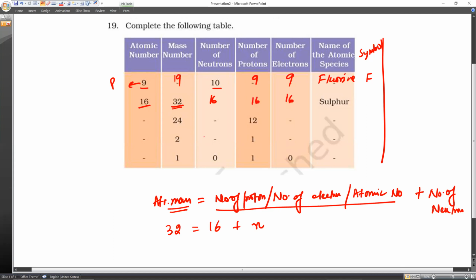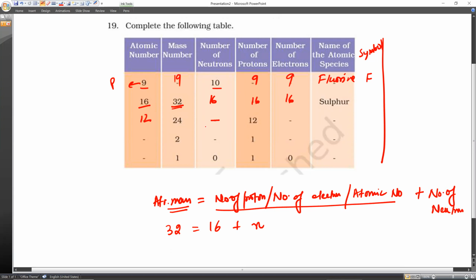Now do this one, please. Atomic number 12. Yes, atomic number is 12.